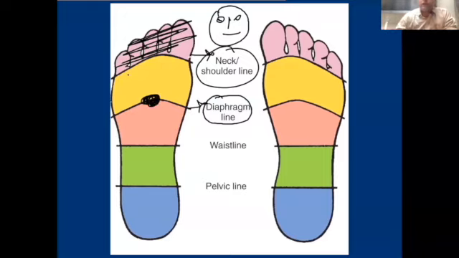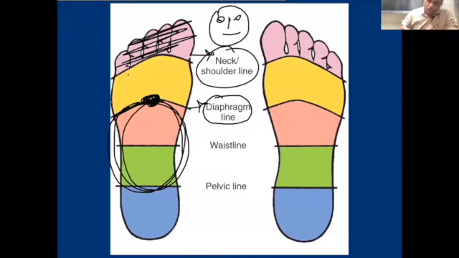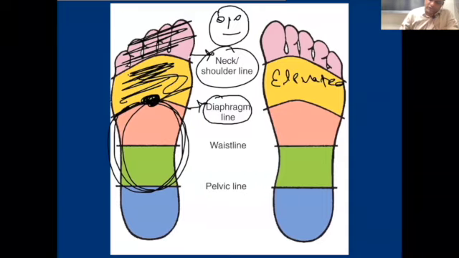This is the elevated muscle part, and these are the depressed parts. So this line is the division between the elevated muscle part and the depressed part, and this line is called the diaphragm line.